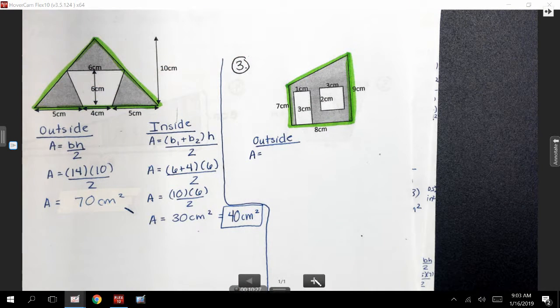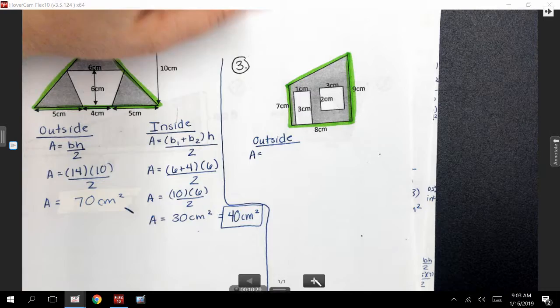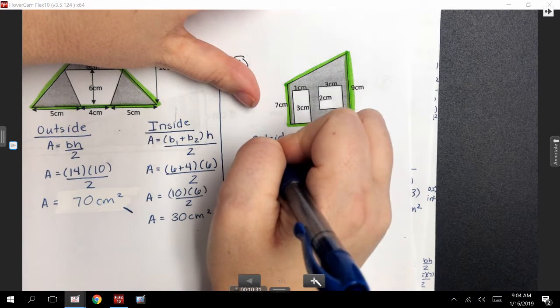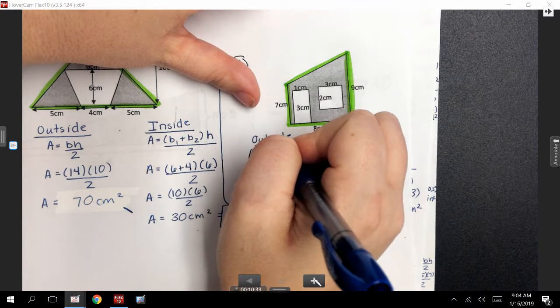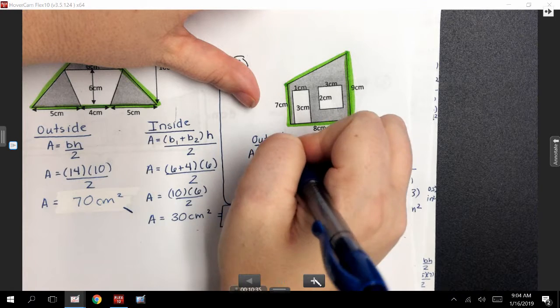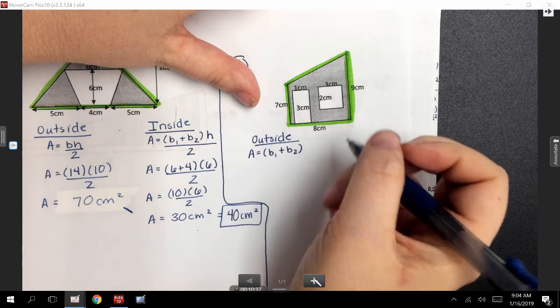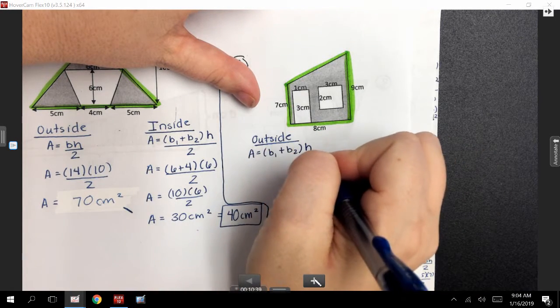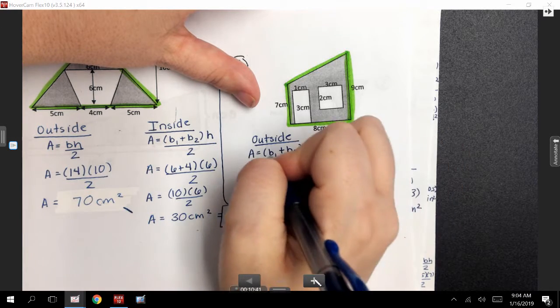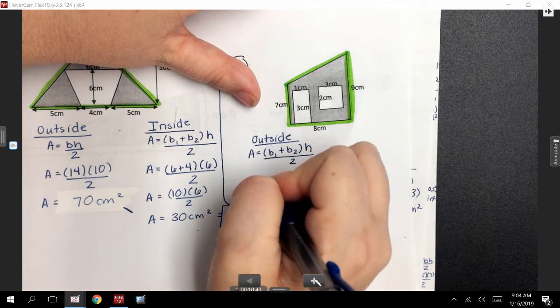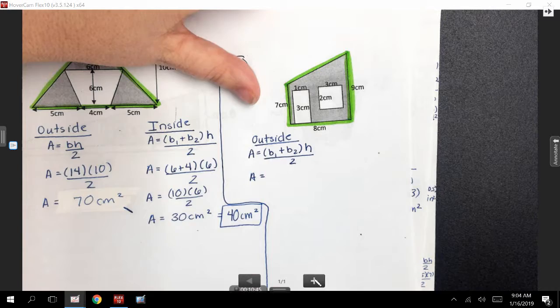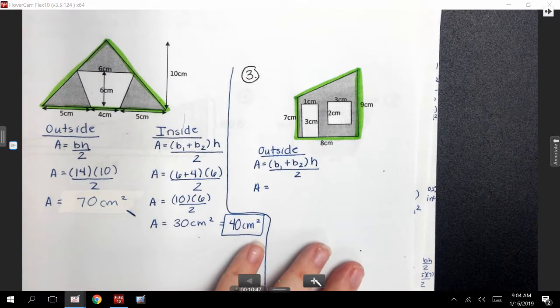So what formula do I need to use for my trapezoid, Diesel? What formula do I need for that trapezoid? B1 times the height, and it starts with a T, so don't forget, divide by 2. All right, so I get A equals. All right, what are my two bases on that trapezoid going to be?